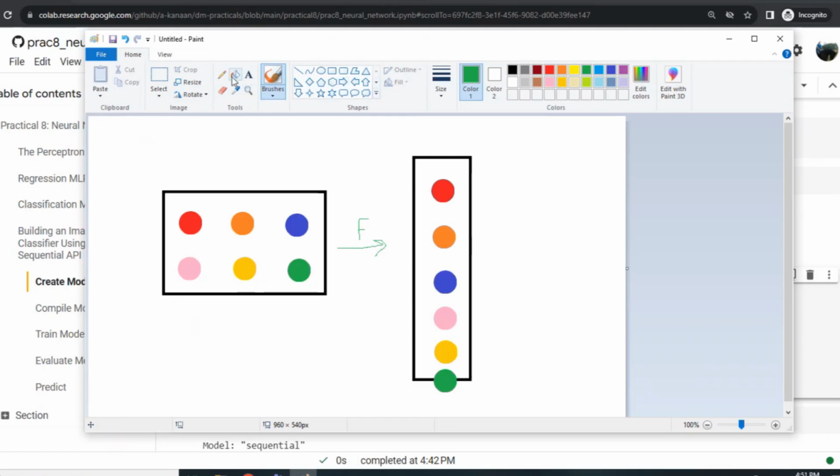Maybe we can fix it a bit, make it nicer. Okay, so do you understand what happened? We converted our data from the picture from 2D, so this was 2 dimensions, to 1 dimension. Understood? That is what flatten does.